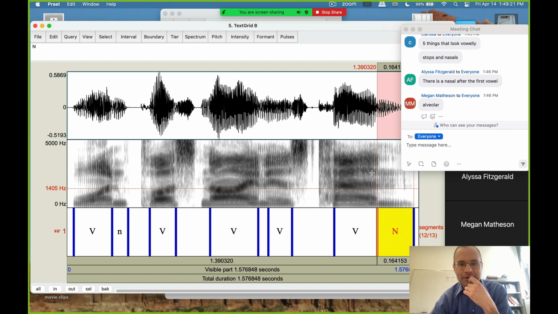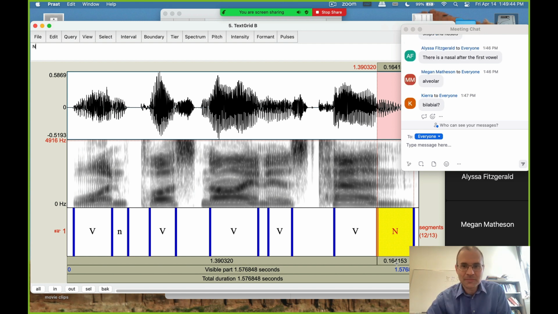What about this one? Can we figure out which nasal this is? Got to vote for bilabial N because F2 isn't going down.